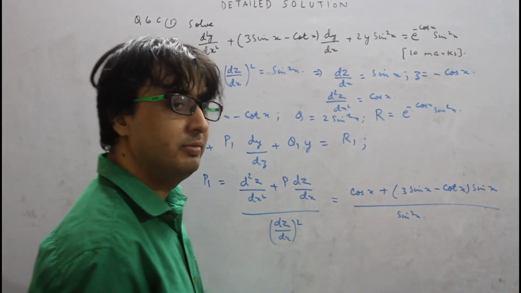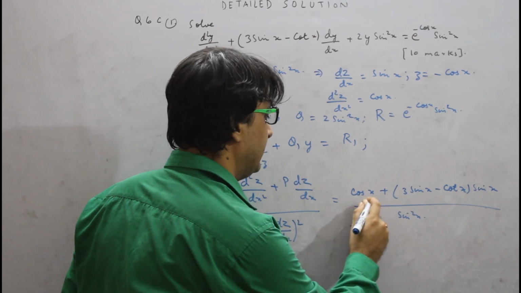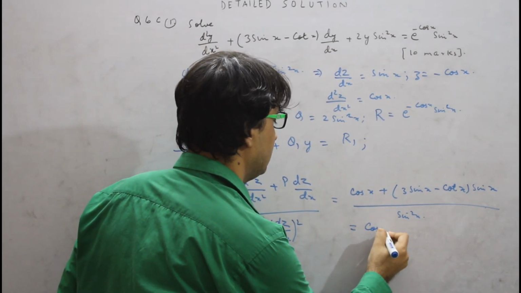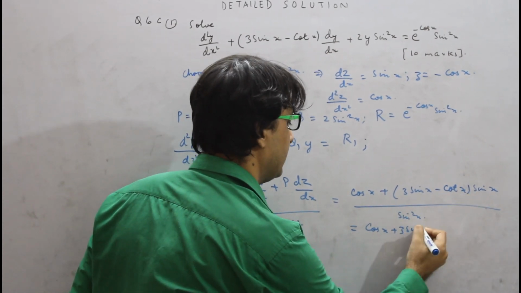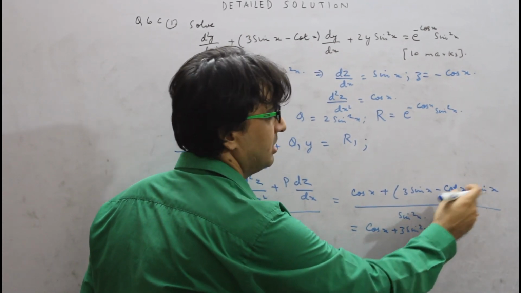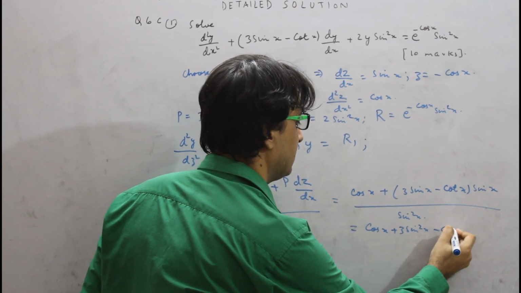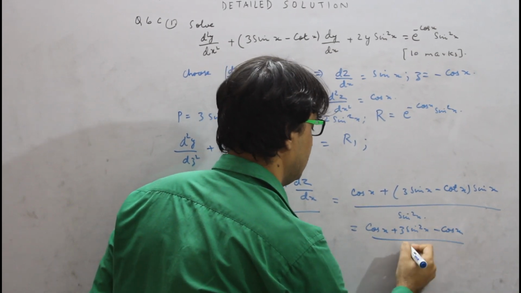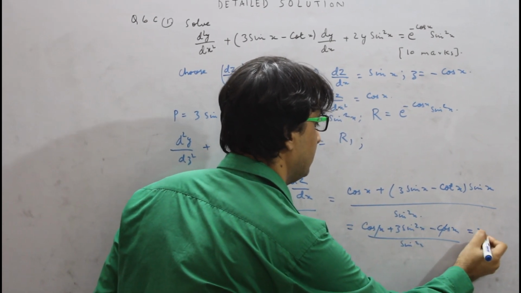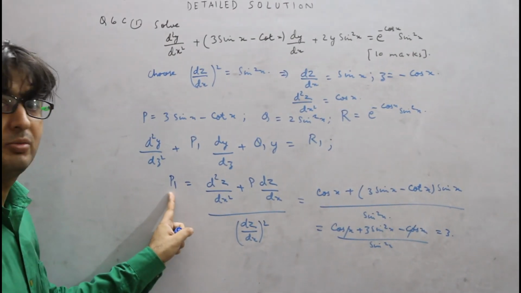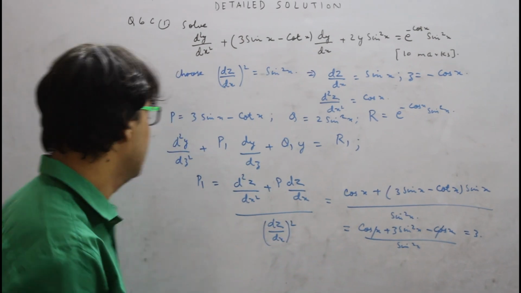So here we can further simplify and write this as cos x + 3 sin²x − cot x into sin x, which is cos x. So this one and this one get cancelled and we are left with only 3. So we get P1 as 3.